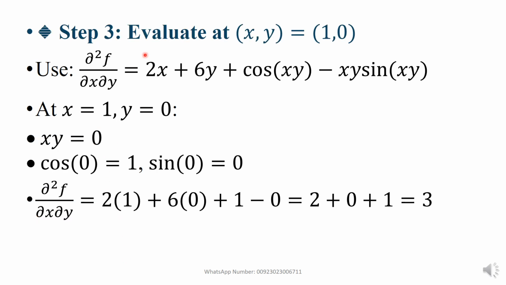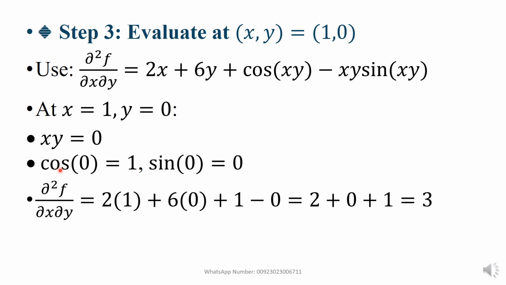Step 3. Evaluate at x, y equal to 1, 0, using partial squared f upon partial x partial y. We put in the values of x and y according to the question. Here xy equals 0, because x equals 1 and y equals 0.